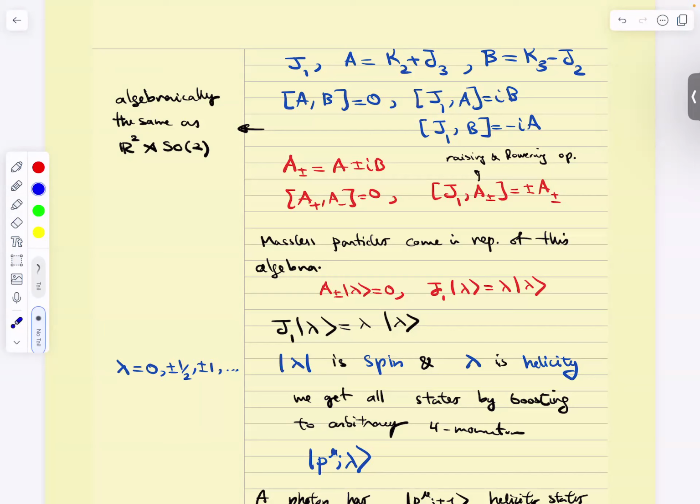I call them lambda. That are killed by A plus and A minus. And what is lambda here? I also want them to be an eigenvector of J1. But J1 commutes with those guys. I can also do that. Right?